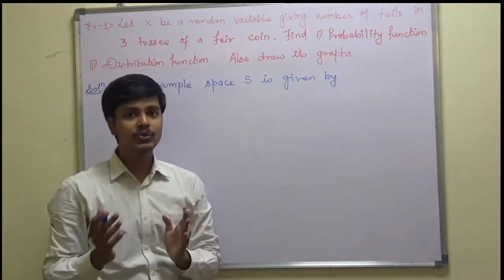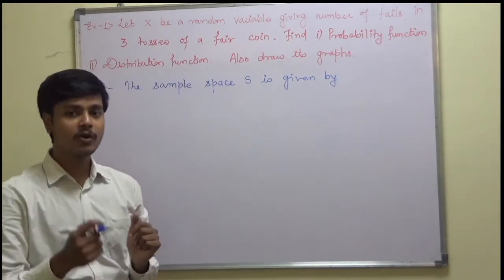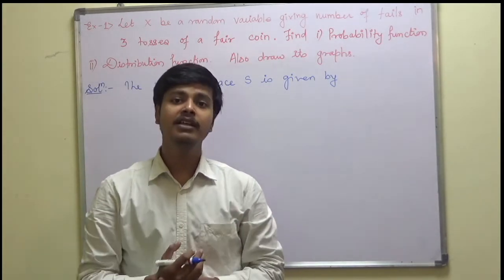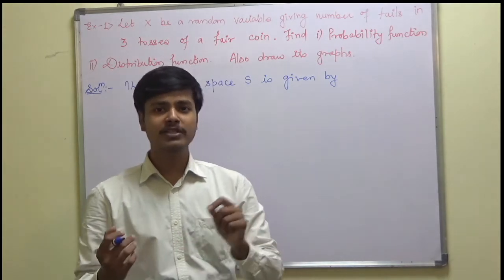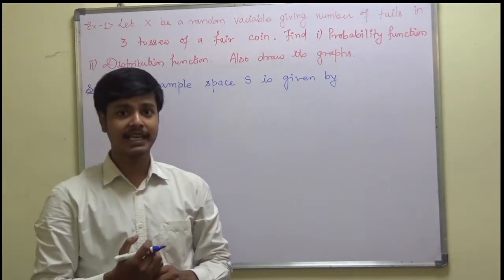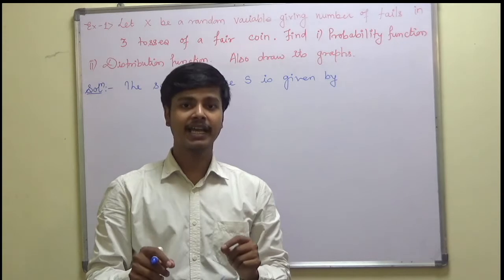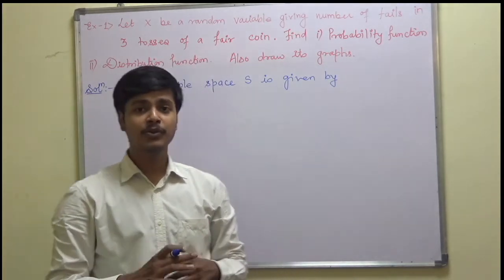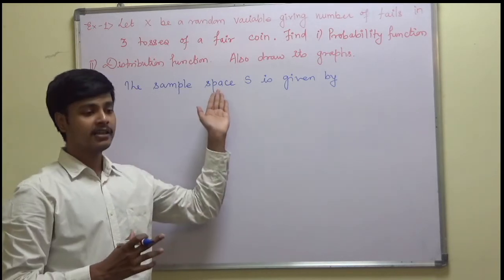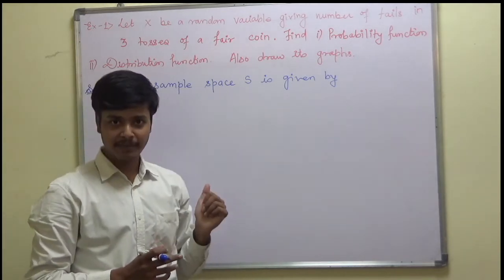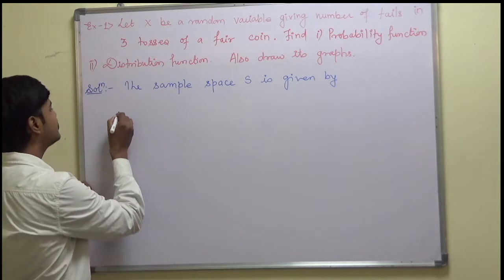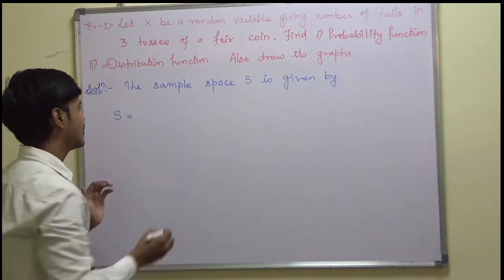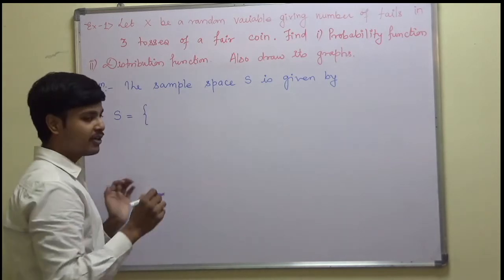Now I want you to write down the sample space. If you toss a coin 3 times, what would be the possible outcomes? Just pause the video for a few seconds, write down the sample space and then resume the video. I hope you might have written the sample space for this experiment. Now let me tell you the trick to write it down.